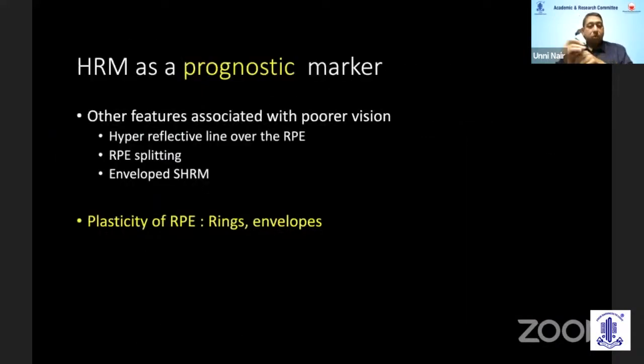As a prognostic indicator, there are a couple of new features related to something called plasticity of the RPE. The RPE is a very versatile structure, it seems. It can undergo splitting, it can envelop the SHRM, and these all show poor prognostic features; when this happens associated with HRM, it leads to a poor visual outcome.